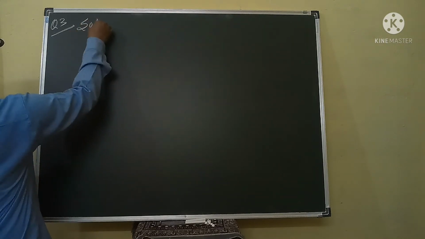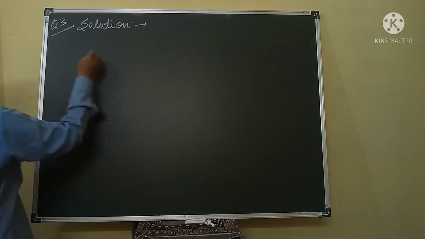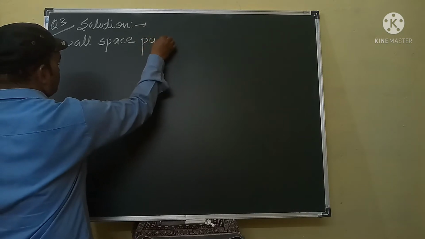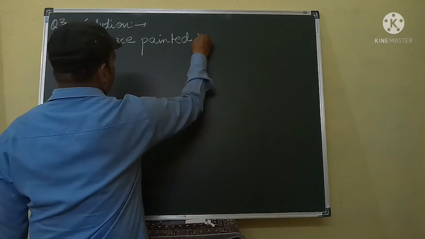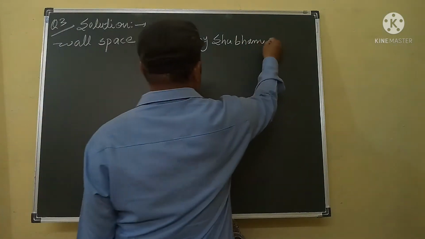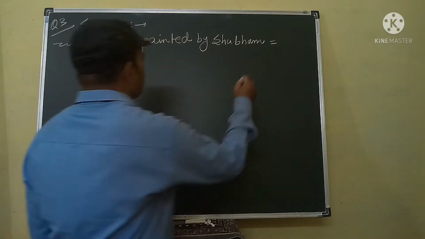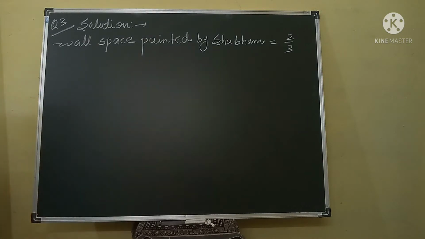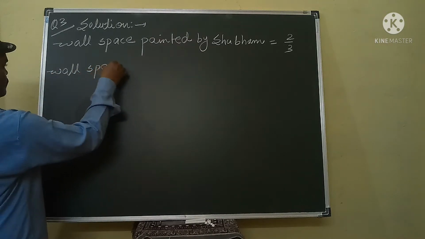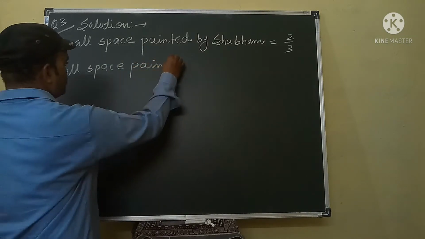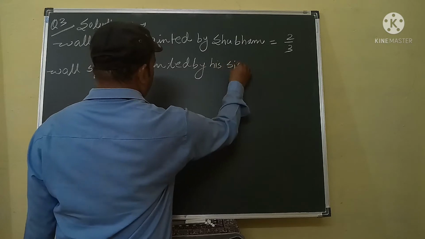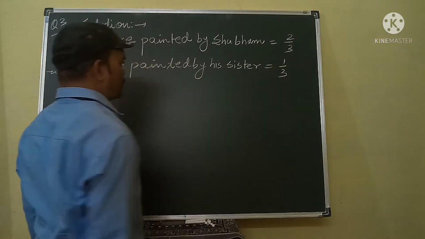Solution: the wall space painted by Shubham is 2 upon 3, and the wall space painted by his sister is 1 upon 3.